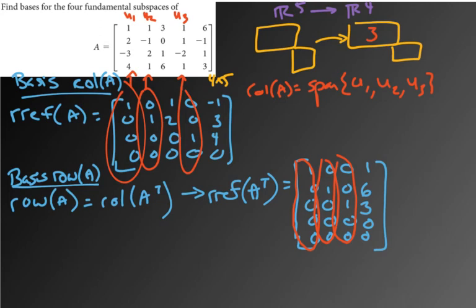And the first 3 columns of the transpose would relate to the first 3 rows of A. And so if I call these rows alpha 1, alpha 2, alpha 3, then the row space of A could be defined by the span of alpha 1, alpha 2, and alpha 3.